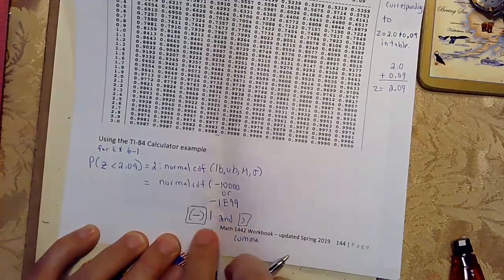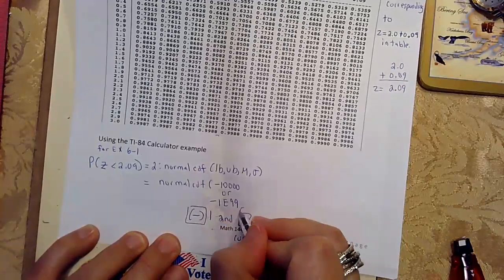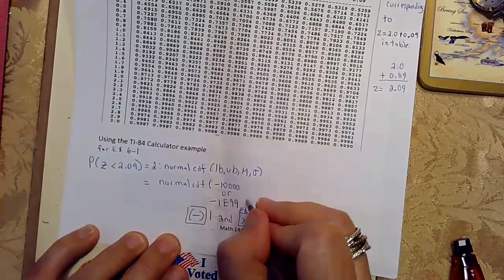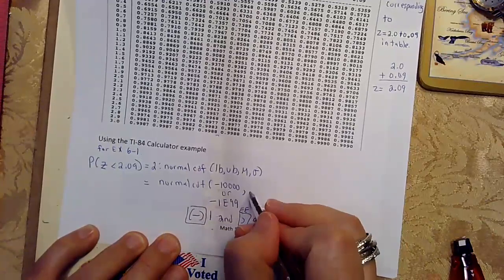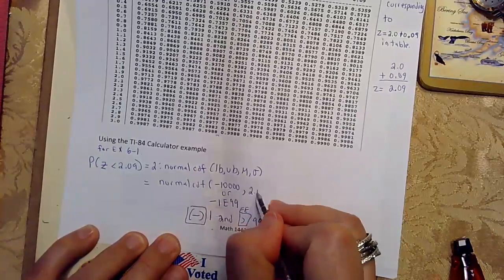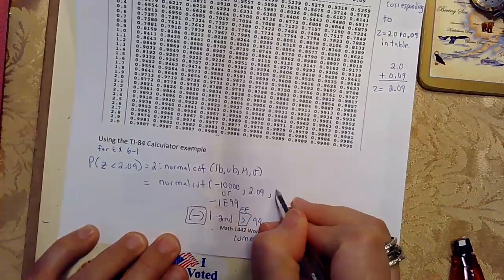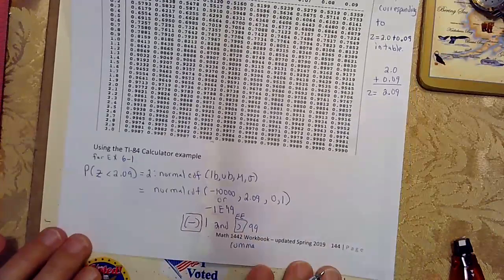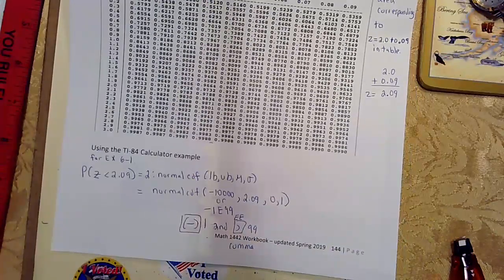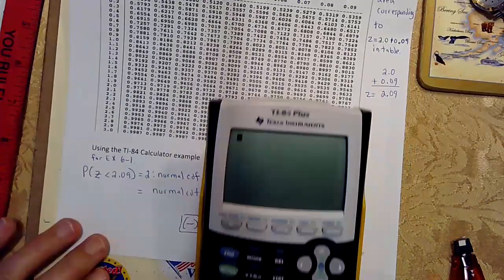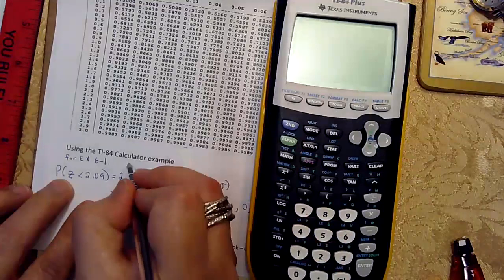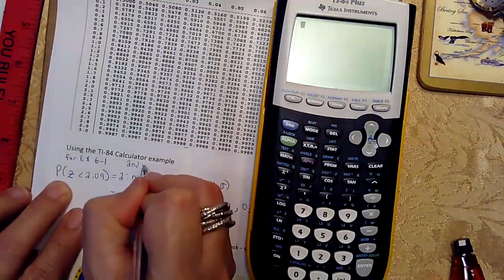So negative 1, second, and then that comma, and then 99. You have a choice. And then the upper bound is that Z value 2.09. And then remember mu is 0 and sigma is 1, which your calculator will show you. Okay. So then when I pull that up, to get to this, remember you need to do second vars.